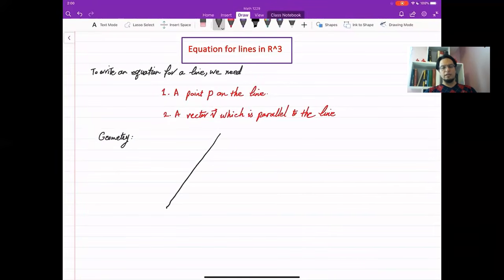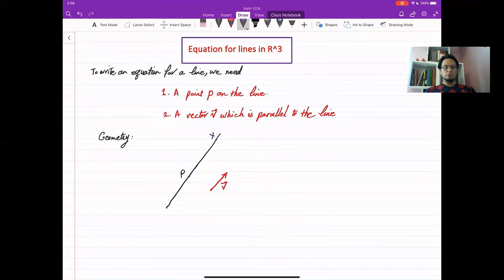I have a line here and a point P on that. Also, I have a vector V, which is parallel to the line. Now, pick any point on this line. Let's call it X.